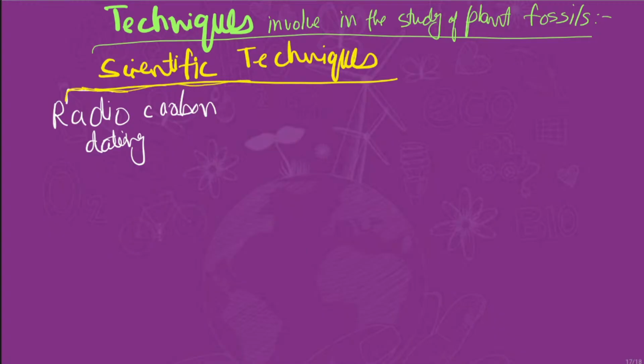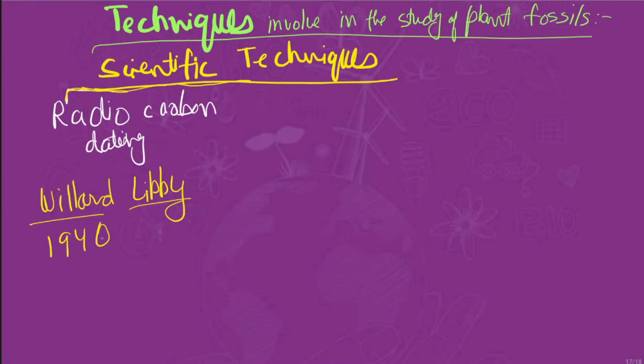Radiocarbon dating is a method that provides age estimates for carbon-based materials that originated from living organisms. The method was developed by an American chemist, Willard Libby, in the late 1940s, and soon became a standard tool for archaeologists.